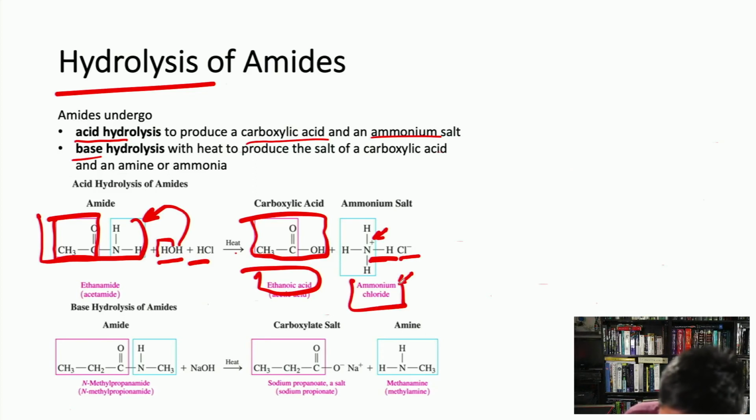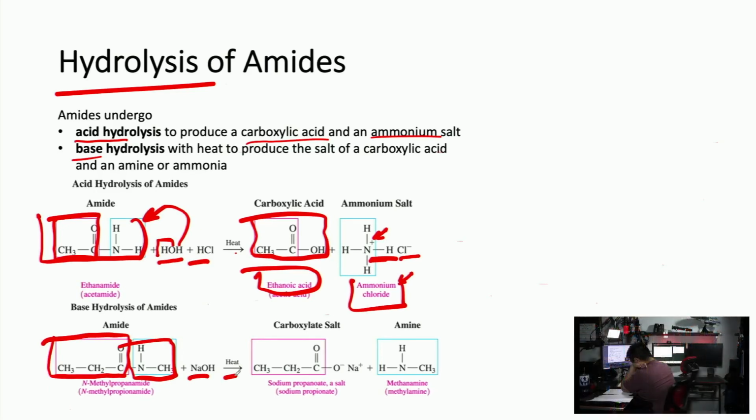Base is very similar. This time we have N-methyl propanamide. Here's the propyl part, and then the N-methyl part is there. We'll add some hydroxide, sodium hydroxide, and some heat. And we already know what's going to happen: the propanamide part will regain its oxygen from the hydroxide.